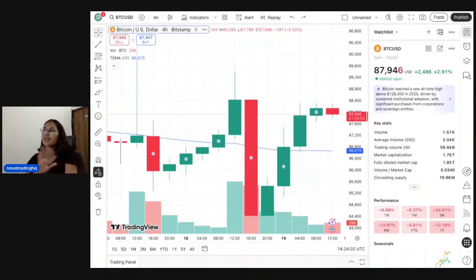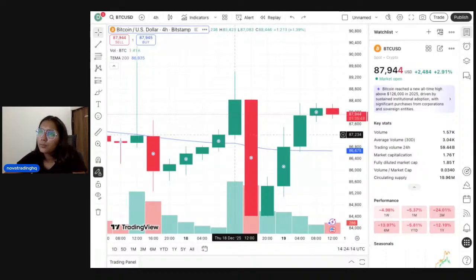So let's break this anatomy down more properly. See, the real body here is, I would say, about 4,000 points, approximately. And the upper wick is again only some points, right?